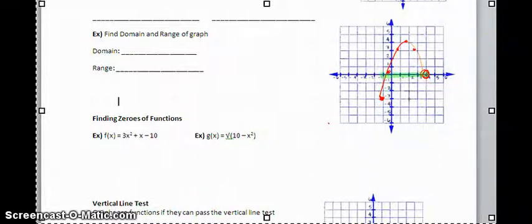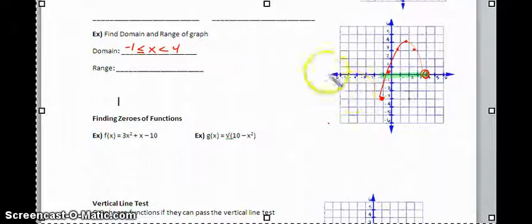So the way that I would write this is that x is going to be greater than or equal to -1, since it's a closed circle, and x is going to be less than 4, and since that's an open circle, it's not equal to. So pay attention to dots versus open circles on your graph. It means that the graph goes all the way up to that number, but not equal to that number.